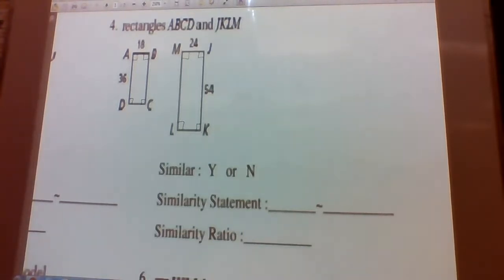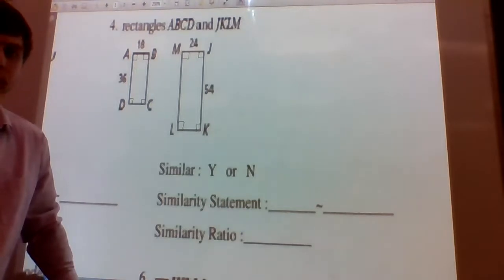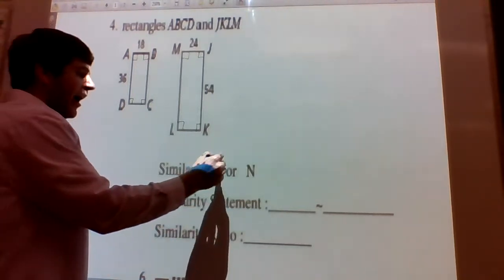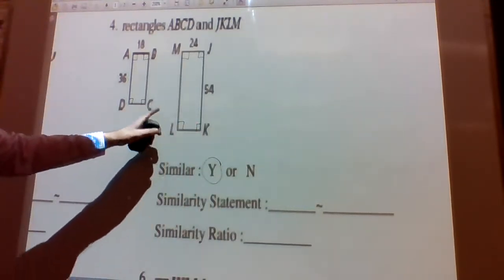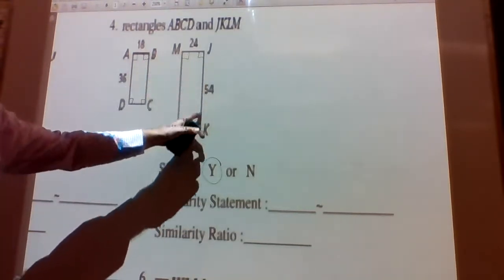Well, if all their pairs of corresponding angles are congruent, or all their sides are proportional, then the figures are similar. So we know all of the corresponding angles are congruent because all the angles are 90. We have 90, 90, 90, 90 and 90, 90, 90, 90.